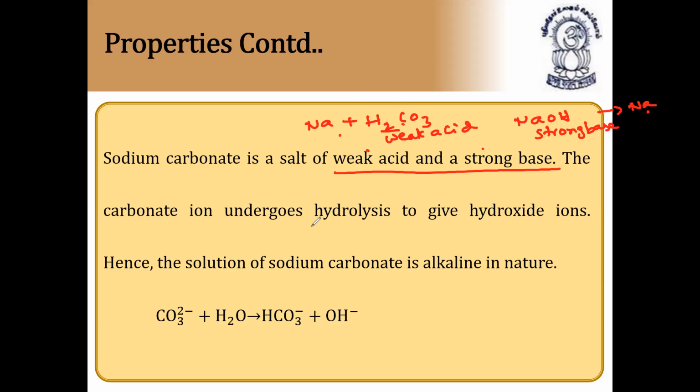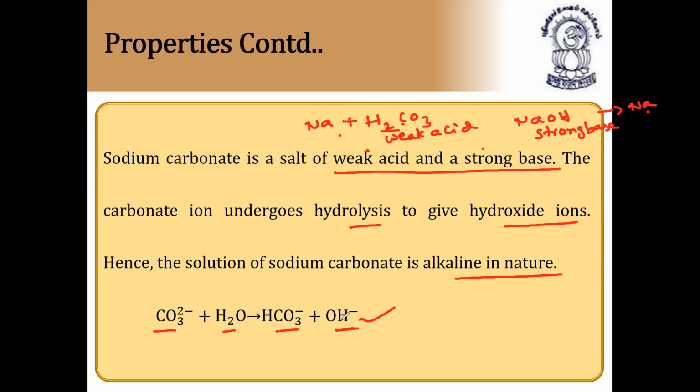The carbonate ion undergoes hydrolysis to give hydroxide ions. Hence, the solution of sodium carbonate is alkaline in nature. Because when sodium carbonate is dissolved in water, it forms bicarbonate ions along with OH minus ions.